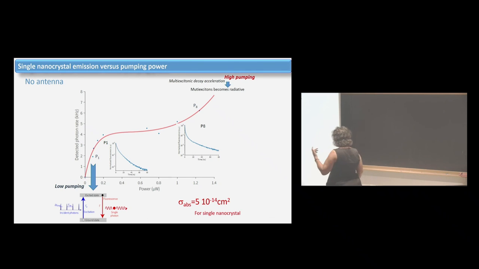So we did the experiment on single emitters, and what we obtained is quite normal: at the beginning we start with a linear increase, then we have a saturation. From this linear increase, you can extract the absorption cross-section, which is equal to this, and which corresponds to what we expect in the literature.